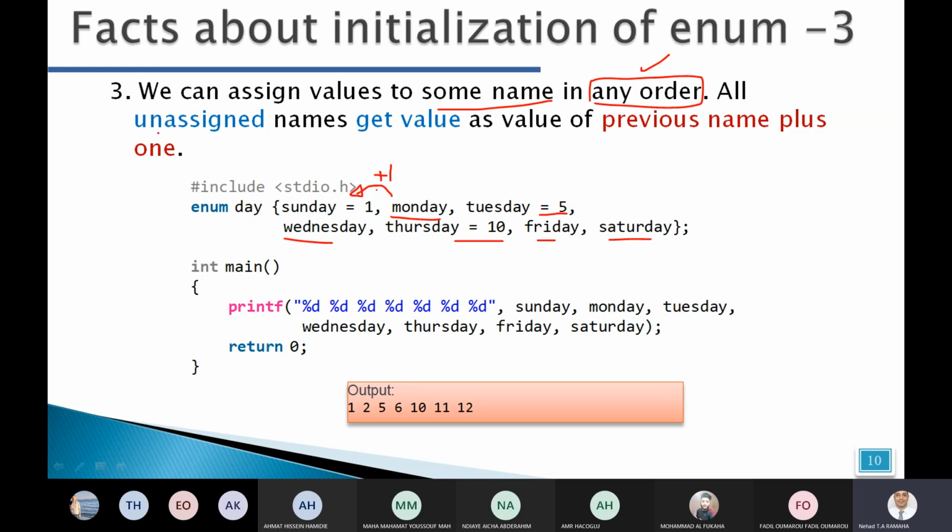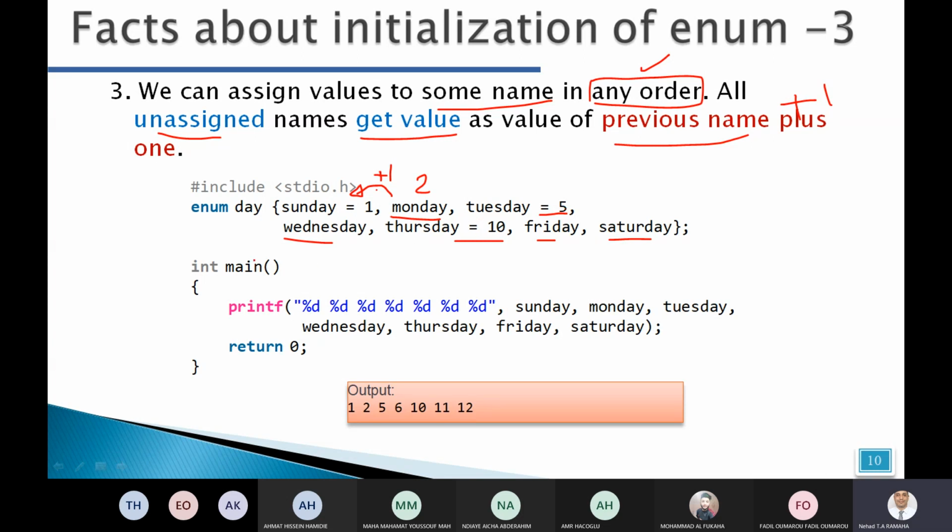So all unassigned constants or names get a value like the previous name plus 1. So when the compiler wants to give a value for Monday, it will look at Sunday. It's equal 1 plus 1, so it will take value 2. Wednesday, it will look at Tuesday.